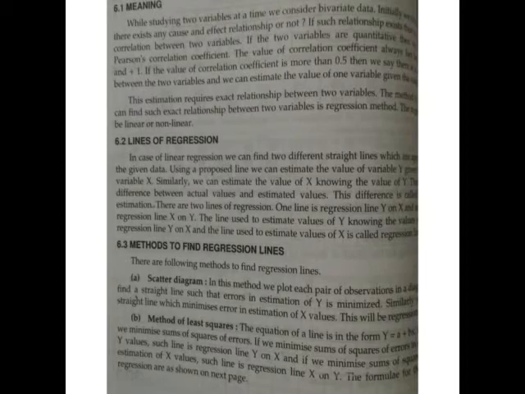Generally the correlation coefficient lies between -1 to +1. In this range the correlation coefficient is present. This estimation requires the exact relation between the two variables. The method by which we find out the relation between two variables is the regression method, or you can say the regression analysis.